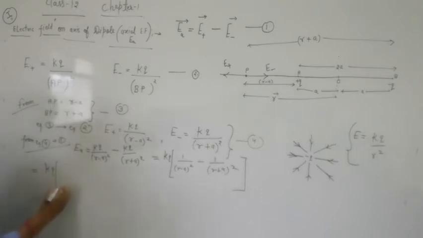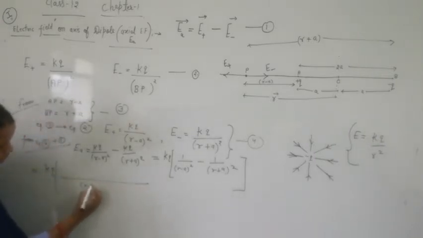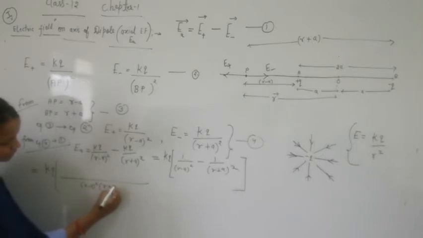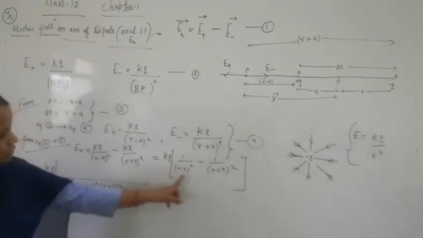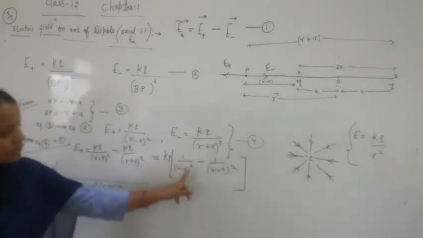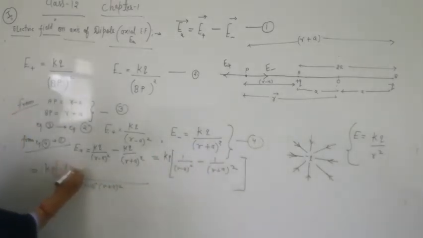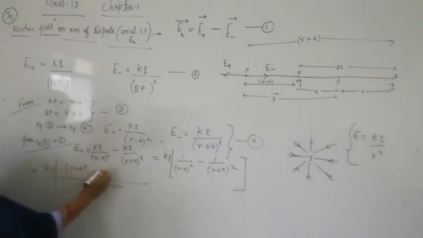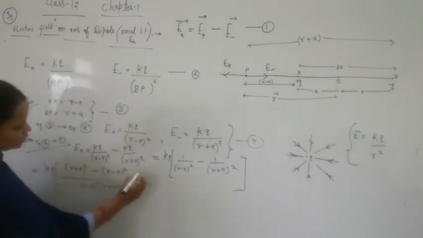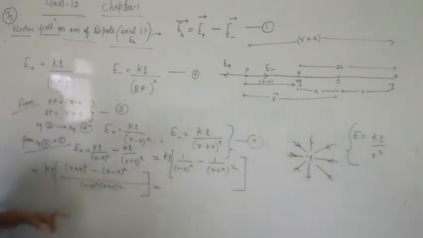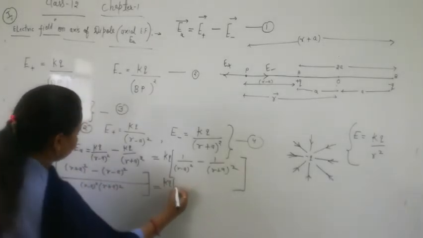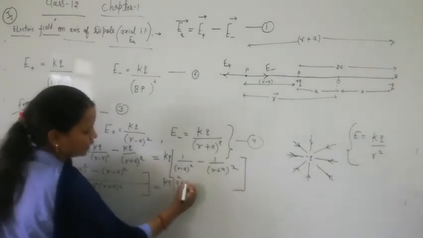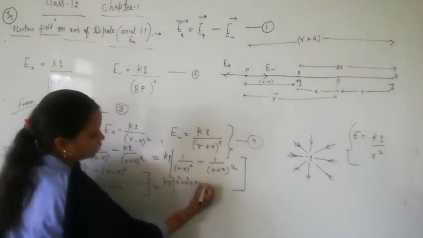KQ. Then for the next calculation, both the terms are here, then the cross multiplication. We get (r plus a) square minus (r minus a) square. Then we open the whole square terms: r square plus a square plus 2ra.